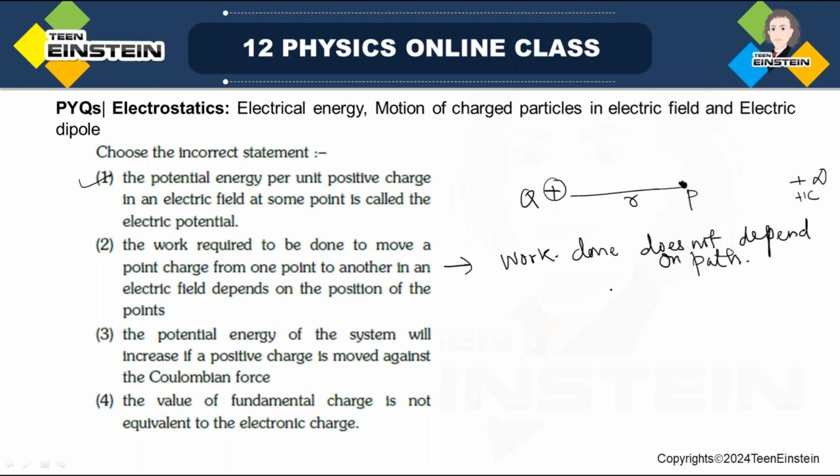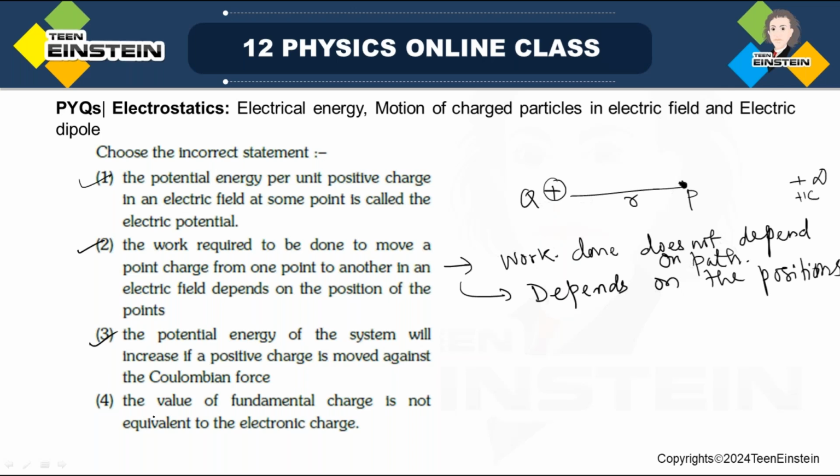It depends on the final positions. It is true actually. The potential energy of the system will increase if the positive charge is moved against the Coulombian force. This is also true. So these are all true.